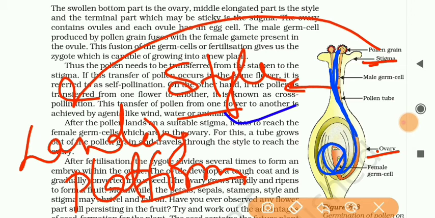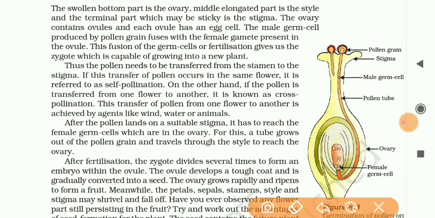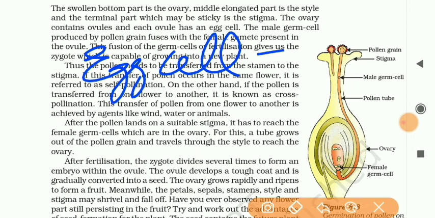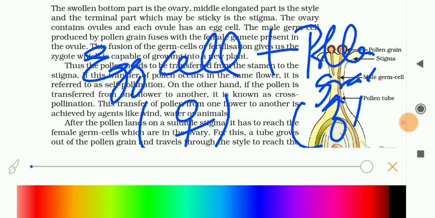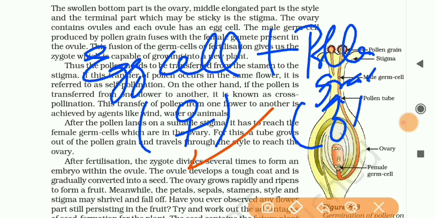And you know well, when the egg cell fuses with pollen grains, it is a female part and this is a male part. When both fuse, they form a zygote.